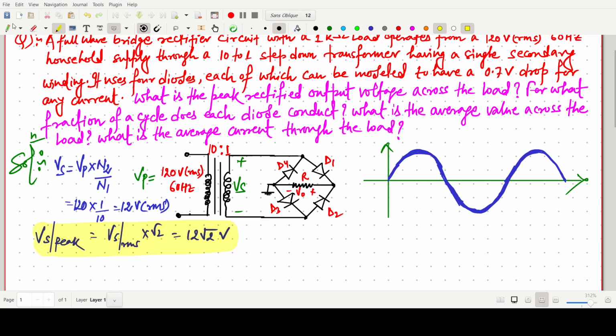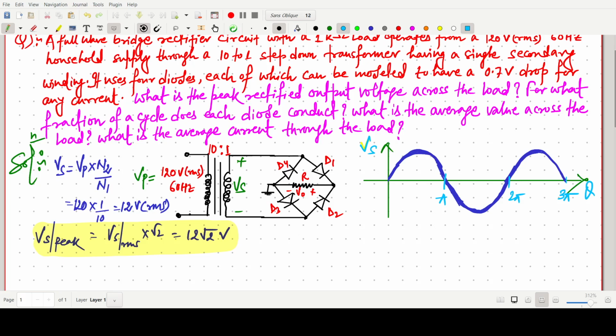So now this is our prime concern, Vs, which I have already drawn. This is Vs as a function of theta, with marks at pi, 2 pi, and 3 pi, and the Vs peak is 12 root 2.